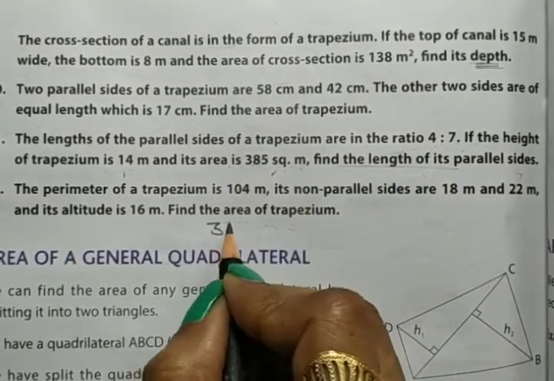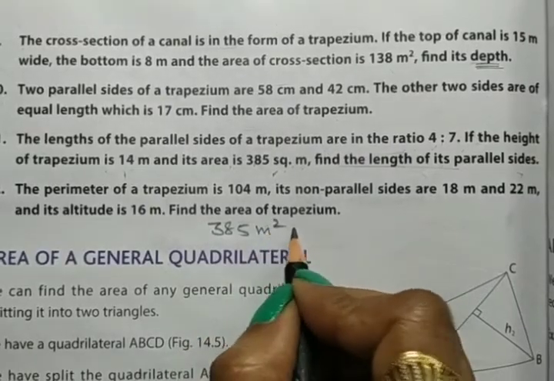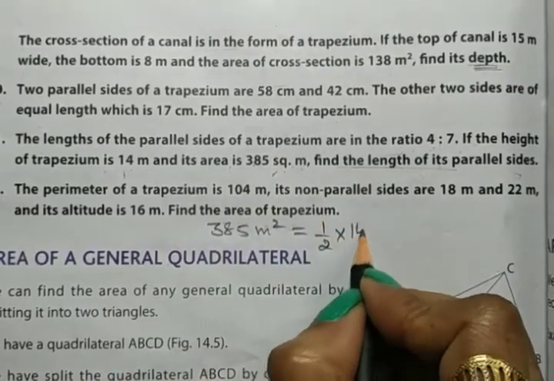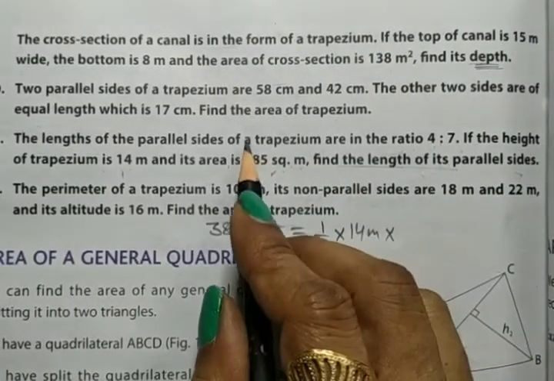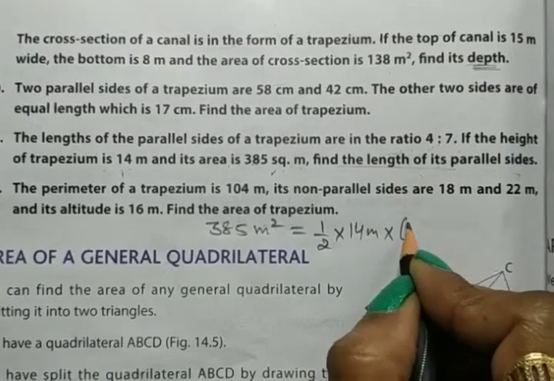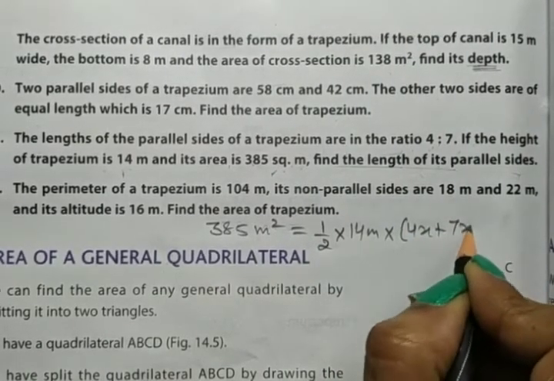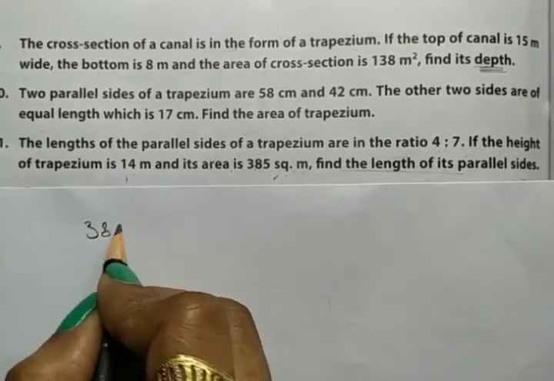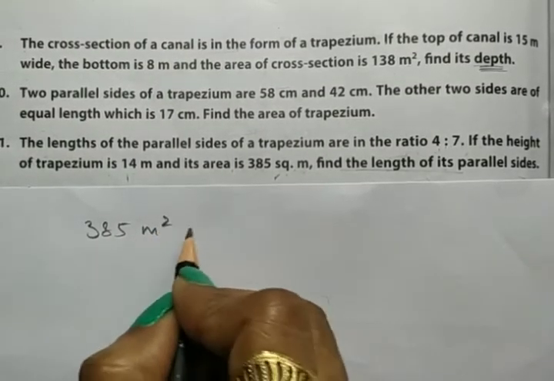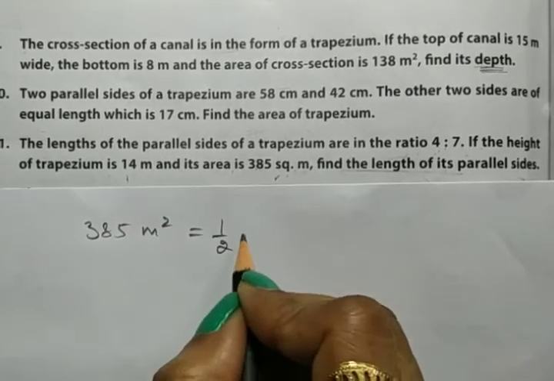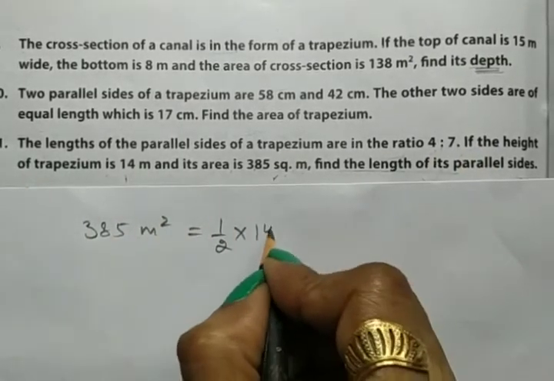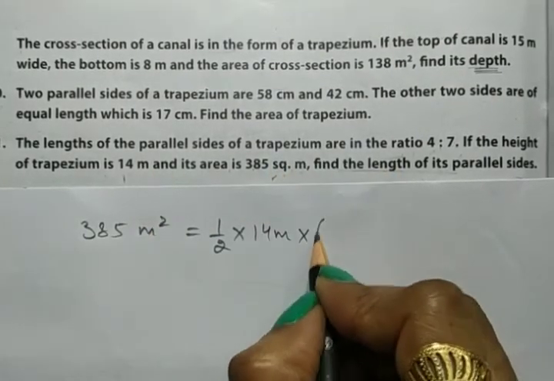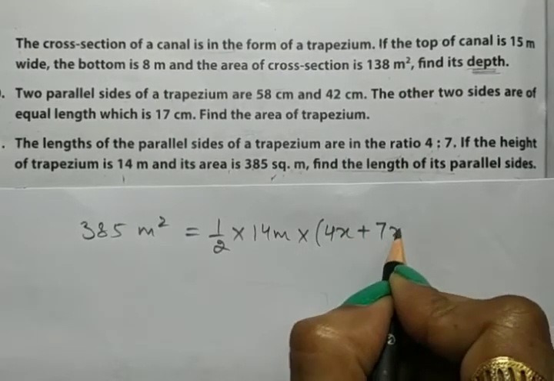Given is 385 meter square is equal to half multiplied by height is 14 meters and sum of the parallel sides, that will be 4x plus 7x. Now solve this equation and get the value of x. 385 meter square is equal to half multiplied by height, that is 14 meters, multiplied by sum of the parallel sides of a trapezium, that is 4x plus 7x.